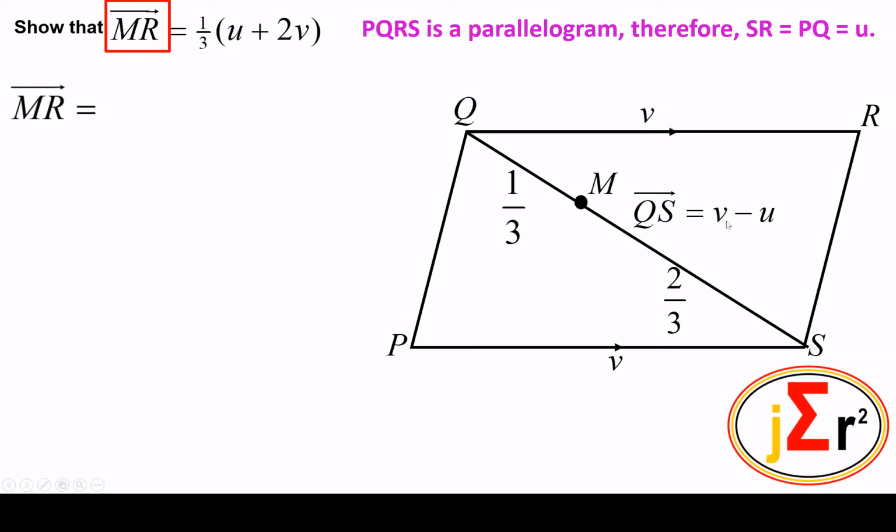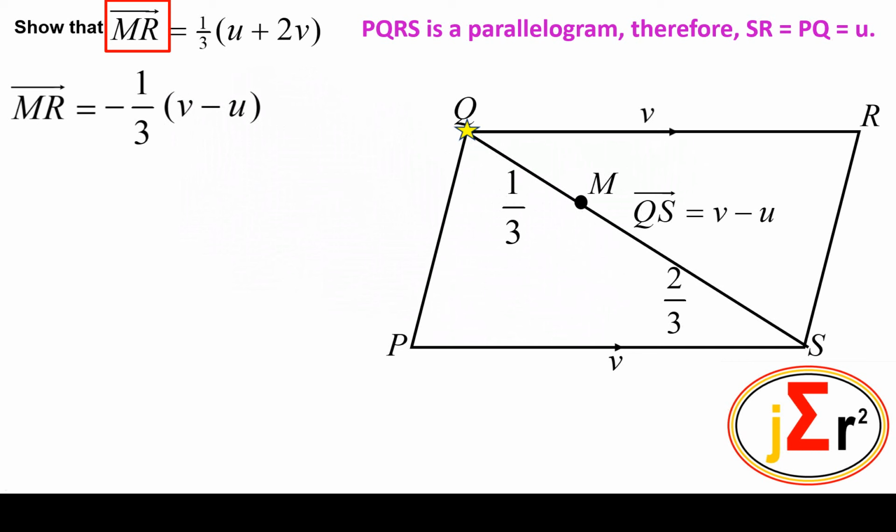QS is V minus U. If we are going from M to Q, we are going in the opposite direction, and we are going 1/3 of that journey. Therefore, the vector that goes from M to Q is 1/3 of this entire vector. But because we are going in the opposite direction, we accompany that by a negative sign.